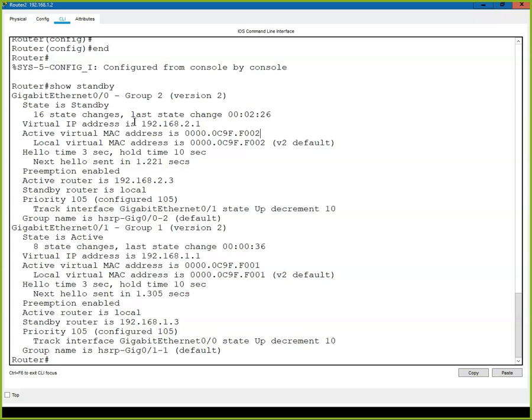This up here, 0/0 is group 2, down here, group 1 on the internal interface. This is the one I was looking for. Priority is 105, configured 105. So we have track the interface gig 0/0 up decrement 10, which is the default decrement. So it's going to decrease the priority of this interface by 10 if that interface that we're tracking goes down.